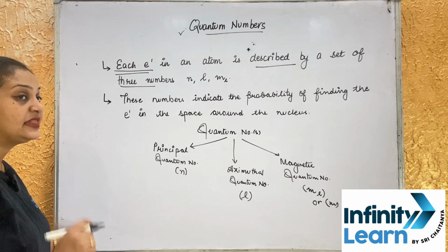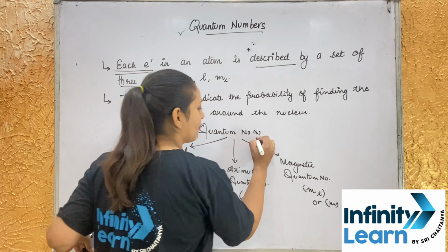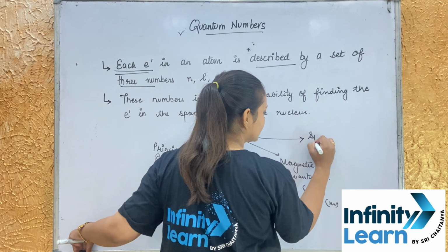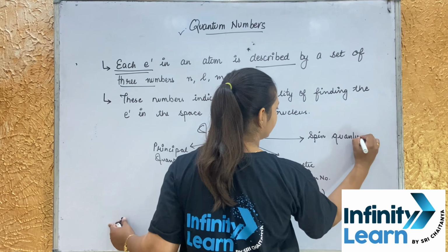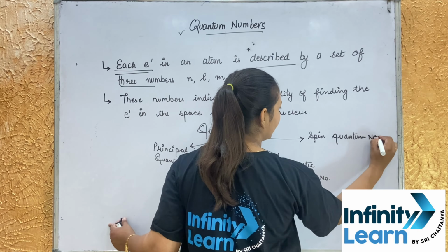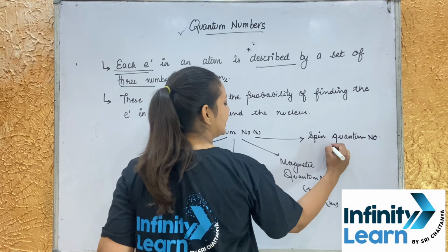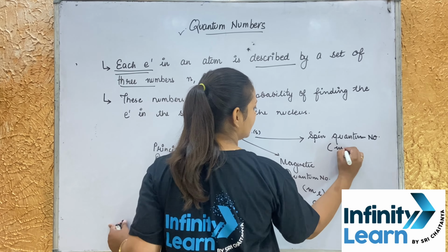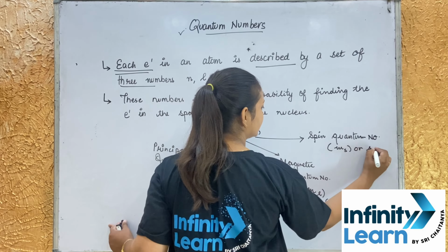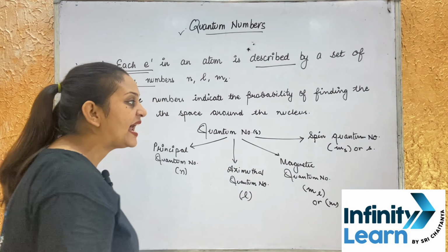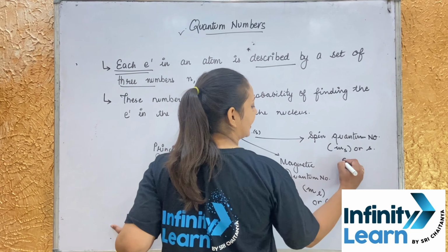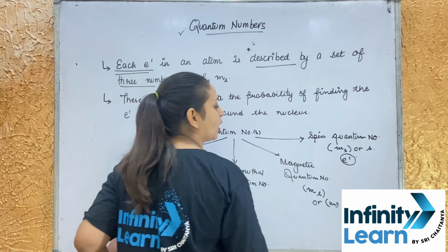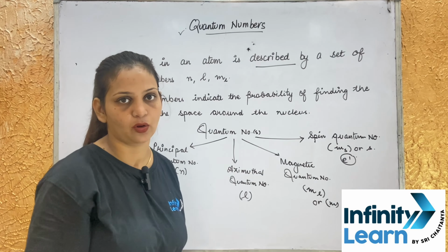But there is one more quantum number which is known as the spin quantum number, that is denoted with Ms or simply S. That describes the spin of an electron, whether the electron is rotating clockwise or anti-clockwise.